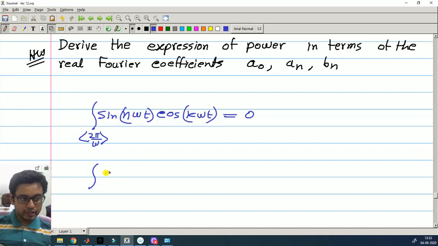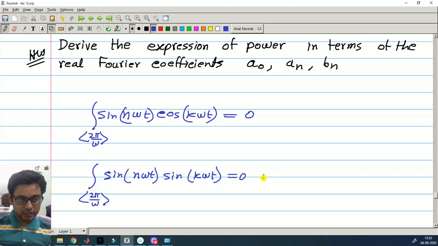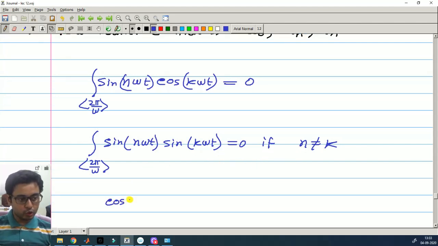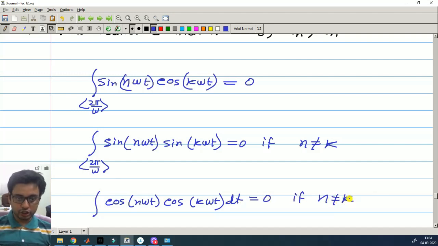And you know that sine n omega t and another sine k omega t integrated over a complete period gives 0 if n and k are not equal, and similarly two cosine signals n omega t and k omega t integrated over a complete cycle give 0 if n and k are not equal.